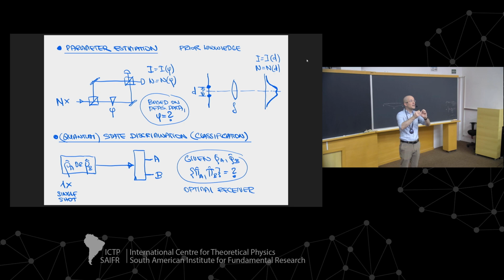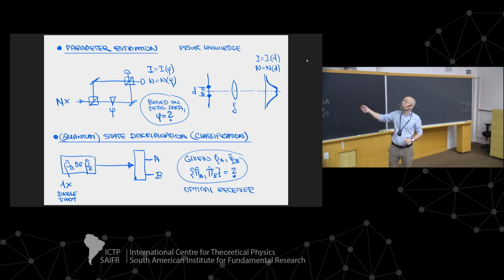We have a complete description of its system, and we know that somewhere in this system there is a parameter. Let's say a single parameter. It can be generalized to more parameters. It can be a phase in an interferometer. It can be a distance between two bright spots. But anyway, this parameter, we don't know the value.